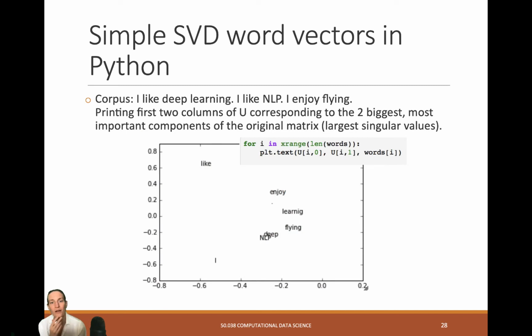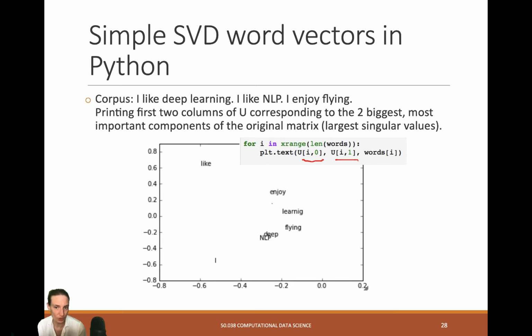Okay. Now, if we're going to be plotting this, as I said, we're going to want a lower rank approximation of U. And basically the only thing we do for this is reduce the dimensions of U, cut off part of the matrix. In this case, we could possibly only use the first two dimensions. The first column, the second column.